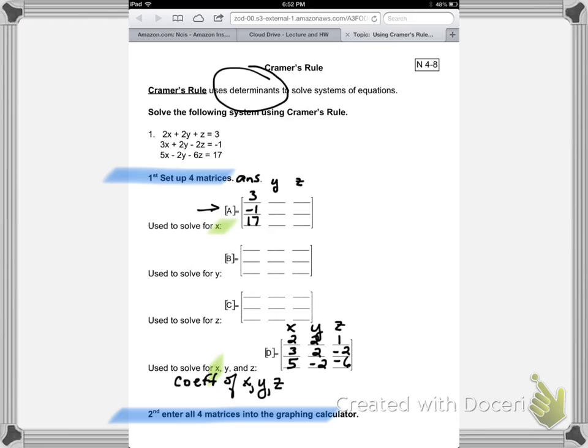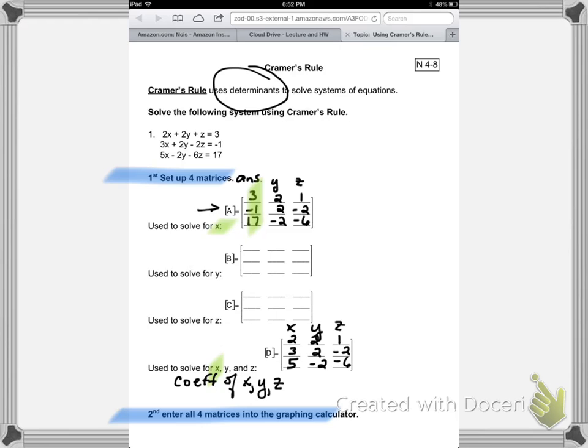And you're going to put those in the X column. And then your Y and Z columns, again, are going to stay exactly the same as they did in your coefficient matrix D. So this column here is what changed versus the column that was all coefficients.